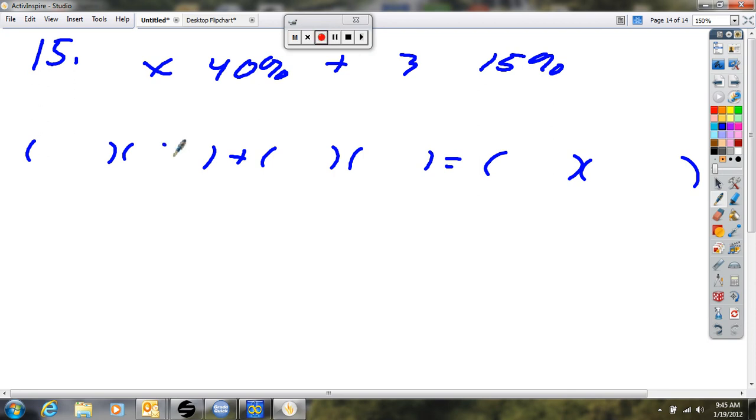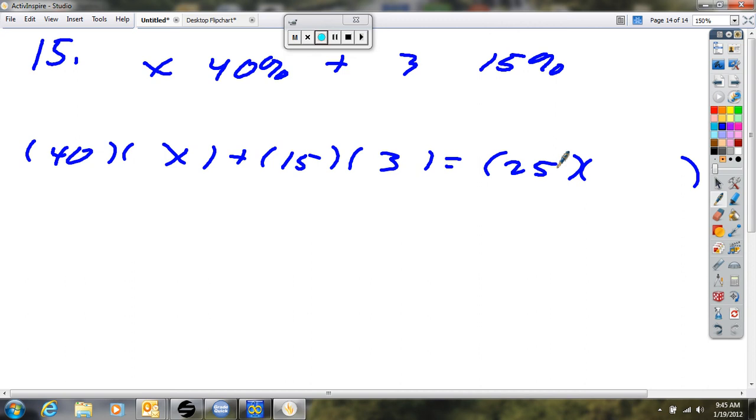The X does. Percent goes first. What goes over here? This is 15 and 3, right? Because it says I'm taking this and mixing it with this. And to make what? To make 25%, right? So where's 25 go? That's what we're making. So this is 25.